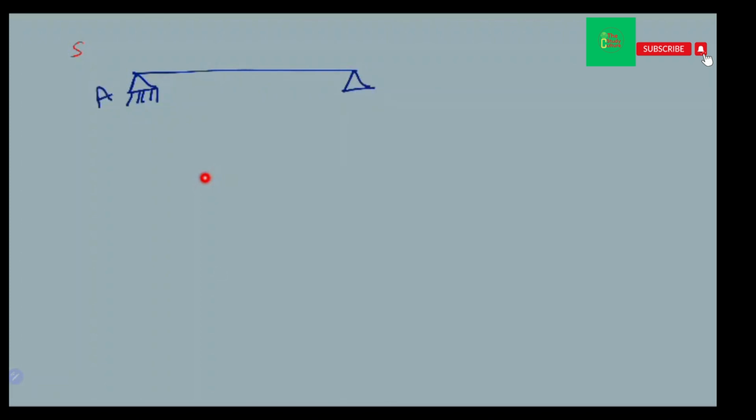And here are A and B. One is a roller and it has reactions in the x direction, RAX, and in the y direction, RAY and RBY. It is a simply supported beam.